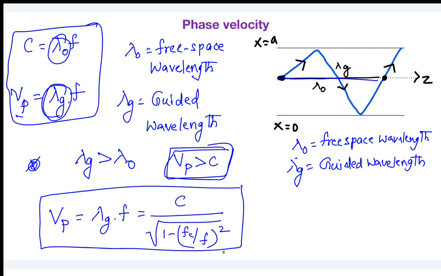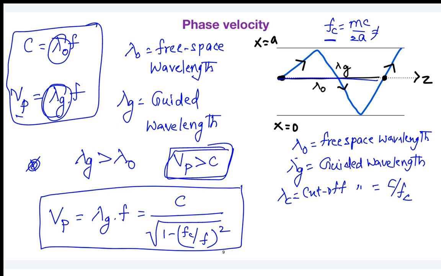There is one more wavelength, which I can call the cutoff wavelength. The cutoff wavelength is the counterpart of the cutoff frequency. We know the cutoff frequency formula, mc by 2a. The cutoff frequency represents the minimum frequency that is allowed in a waveguide.